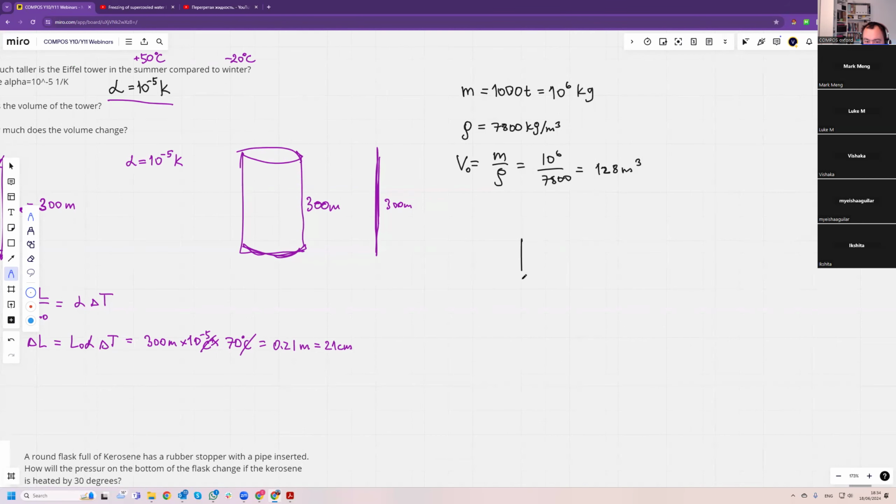Let's say the room is 8 meters long, 3 meters tall, and 6 meters wide, and that's a large classroom. 3 by 6 by 8, that's what, 144 cubic meters? The Eiffel Tower can be melted down and it will fit in your physics classroom. That's cool.